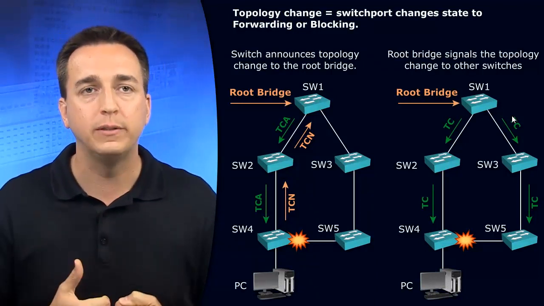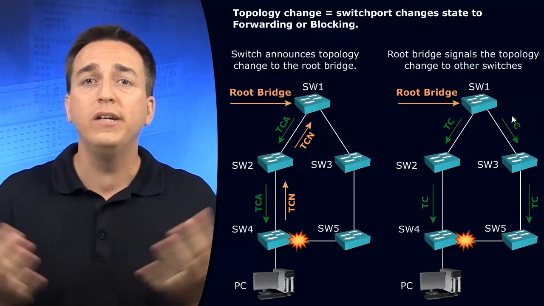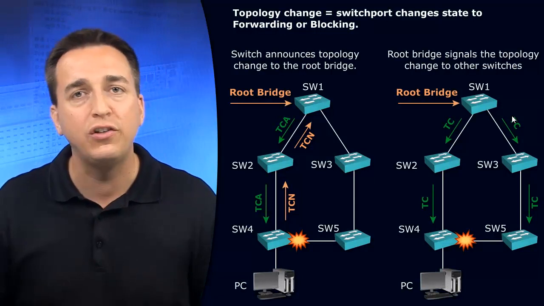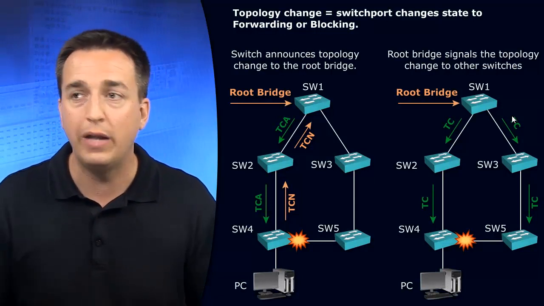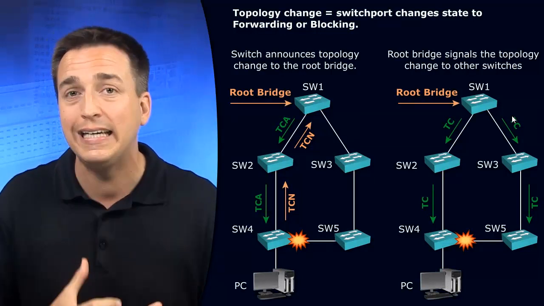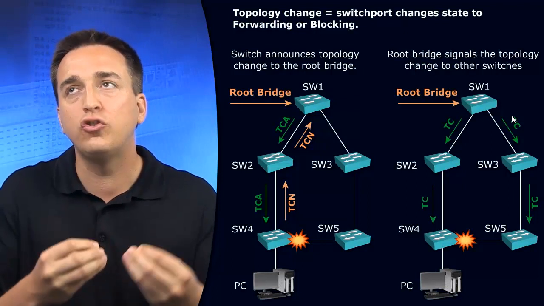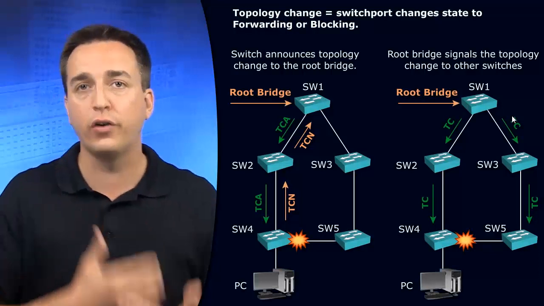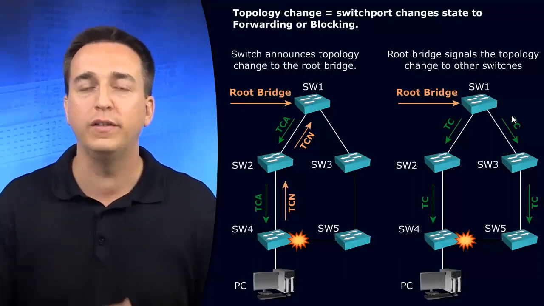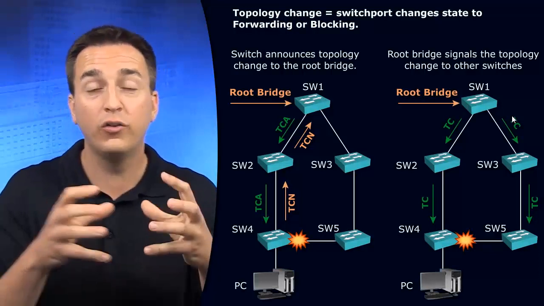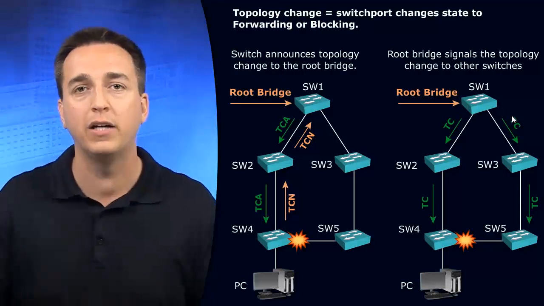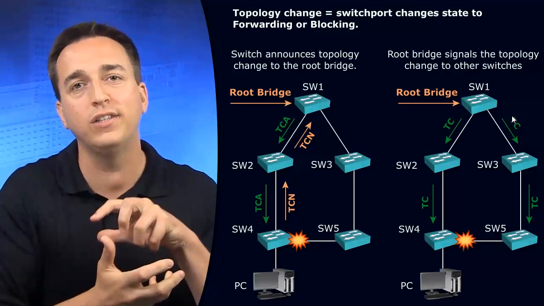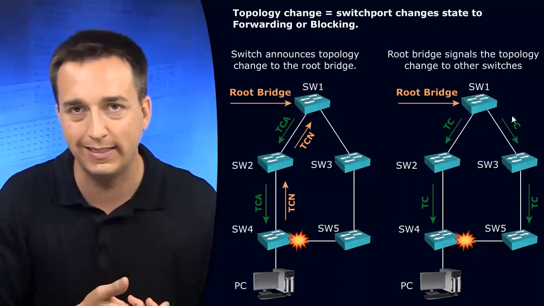So what happens? The switch simply waits until the max age timer expires. So now it has to wait the full 50 seconds because it doesn't truly know that the topology change is occurring. But once the 20 second max age timer expires and it's no longer receiving BPDUs on a port, it transitions that port to the listening state.